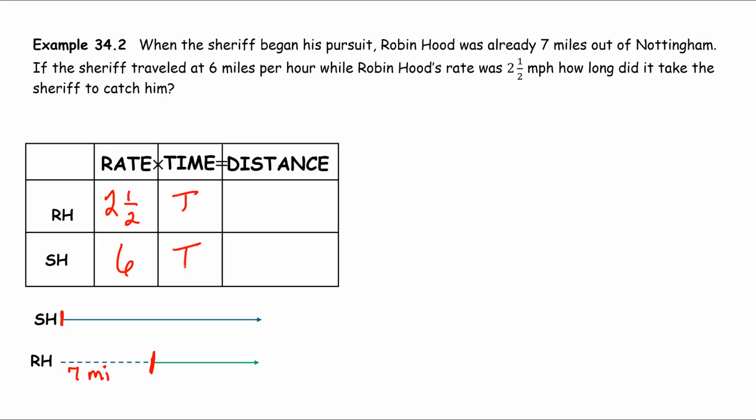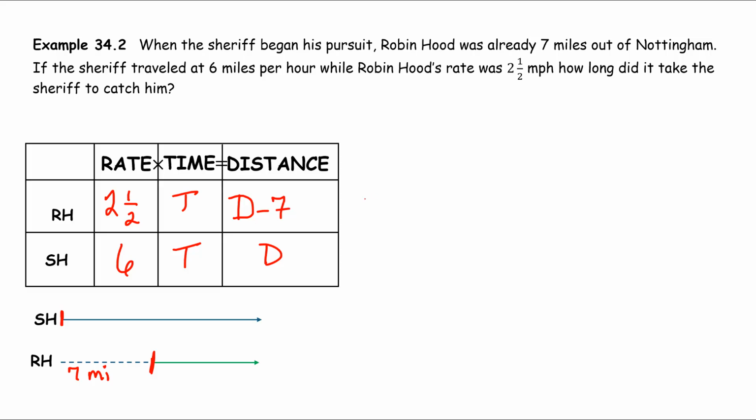We know that the sheriff's distance, we can call it D. We know that he had to run 7 miles that Robin Hood never had to run. That means that Robin Hood's distance is 7 less than the sheriff's distance. So the sheriff's distance is D, so D minus 7 is going to be Robin Hood's distance. And now we're going to do what we did in the last problem.